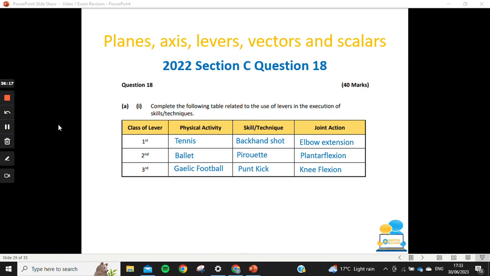An example of a second class lever is plantar flexion, and then all other movements are third class levers. So again, plantar flexion, second class lever, elbow extension is a first class lever, and then all other movements are third class levers. So again, we'll run through those in more detail now.